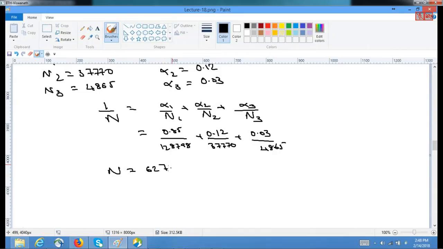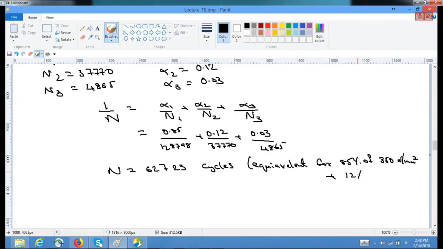This is equivalent to 85% of 350 Newton per mm square plus 12% of 400 Newton per mm square plus 3% of 500 Newton per mm square.